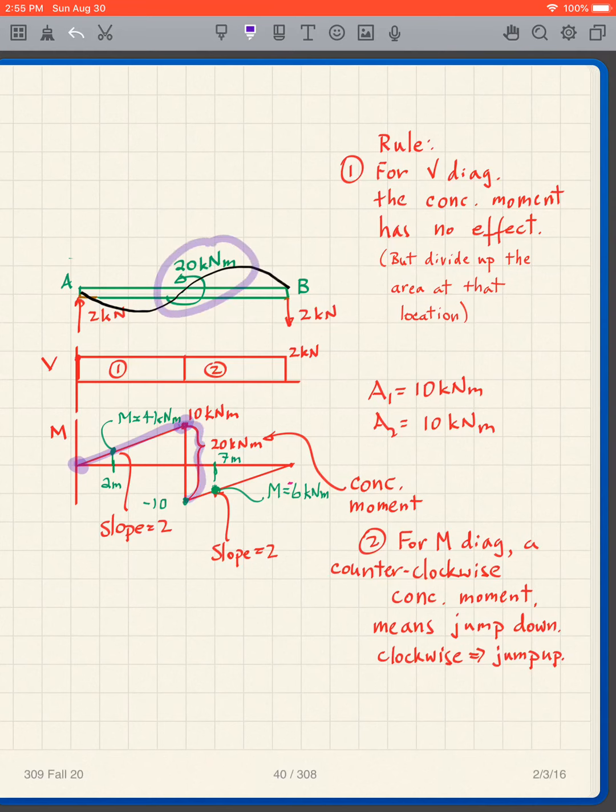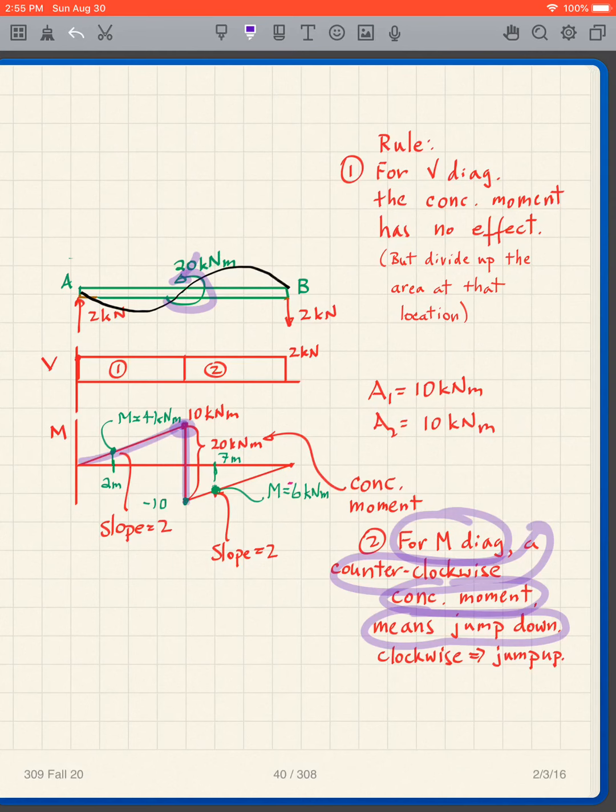So what do we learn? This is about the shortcut method: for the moment diagram, a counterclockwise concentrated moment means jump down. So in other words, this is a counterclockwise concentrated moment. That means I draw my moment diagram, and oh, it's counterclockwise 20, I drop 20.